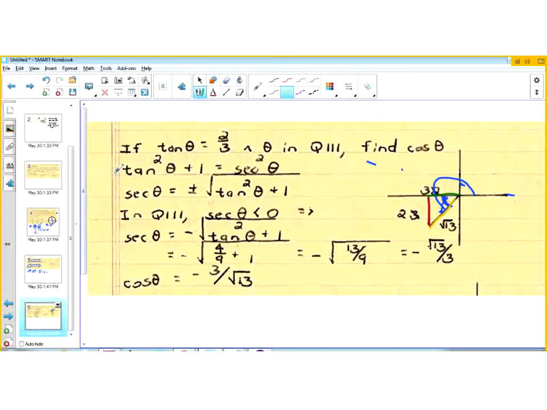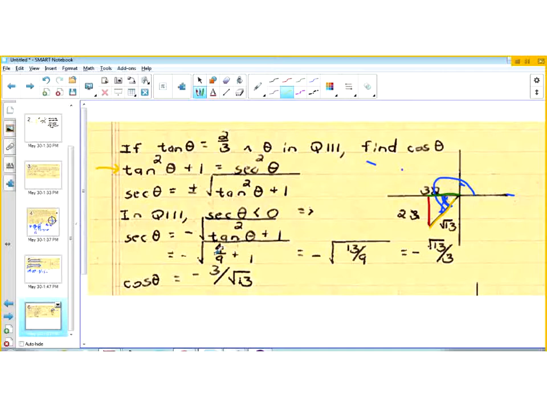The other way, of course, is to use the trigonometric identity from the previous page, where we had tangent squared theta plus 1 is equal to secant squared theta, and we know that secant theta is 1 over the cosine of theta. So solving for secant theta, by taking square roots of both sides, secant theta is plus or minus the square root of tangent squared theta plus 1, and we know in quadrant 3, secant theta, which is 1 over cosine of theta, is less than 0. So secant theta is the negative of the square root of tangent squared theta plus 1.